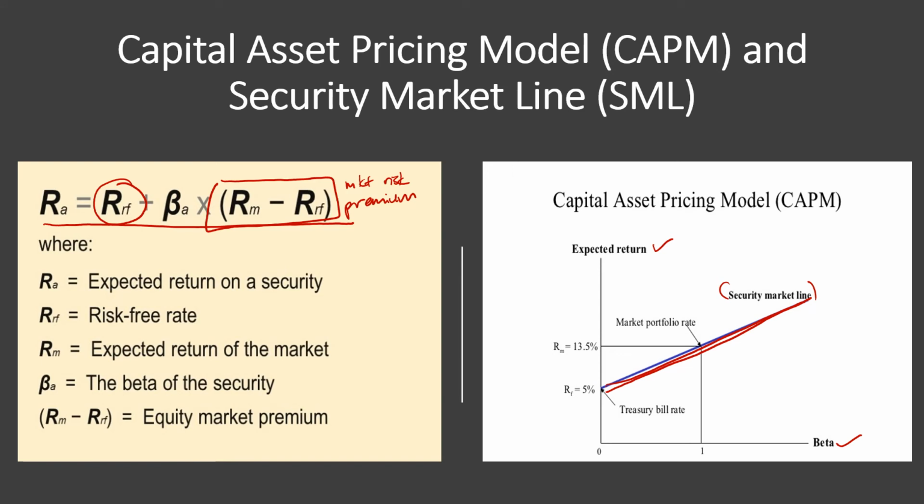The relationship between beta and the required return is plotted on the security market line, which shows expected return as a function of beta. The intercept is the nominal risk-free rate, normally proxied by the Treasury bills rate, while the slope of the SML is the market risk premium.